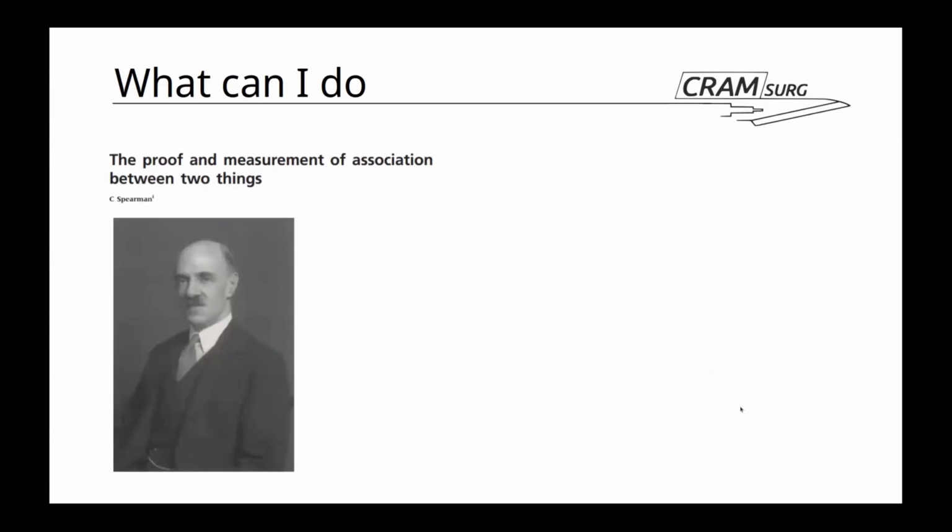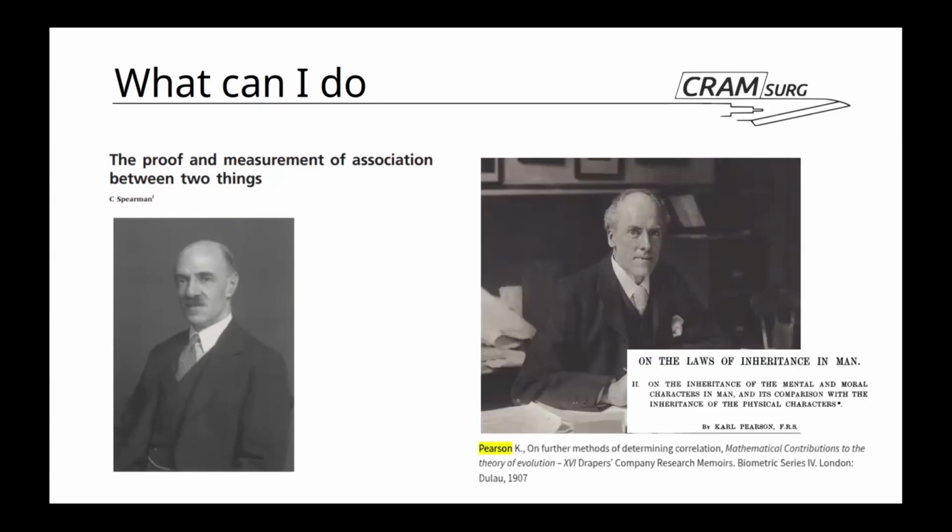So Spearman said, well, actually, I have an idea that might fix this problem. And he published a number of papers on it, particularly the one that you can see on top of his portrait, saying that he could fix the problem that Carl Pearson couldn't fix. And obviously, Carl Pearson wasn't particularly impressed with that.